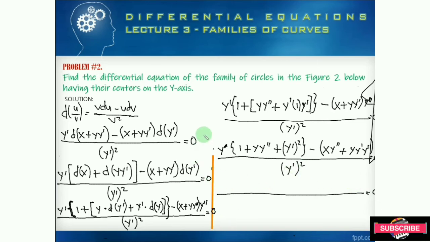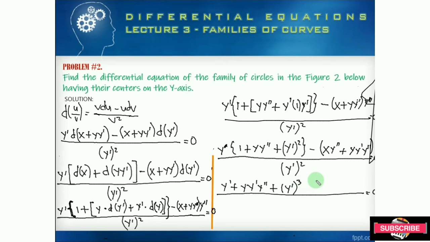So y prime times 1 is y prime, and then for this one plus y prime y double prime, plus this one here, so y prime times y prime squared, so probably this is y prime to the cube.